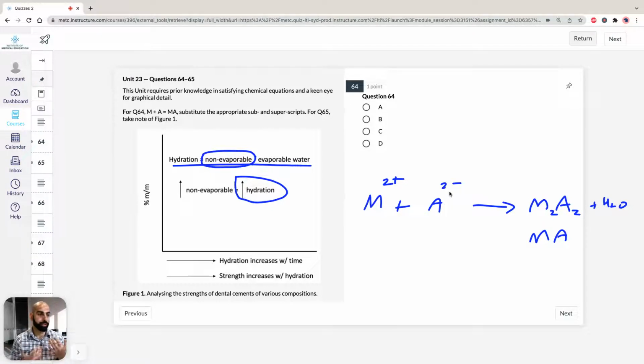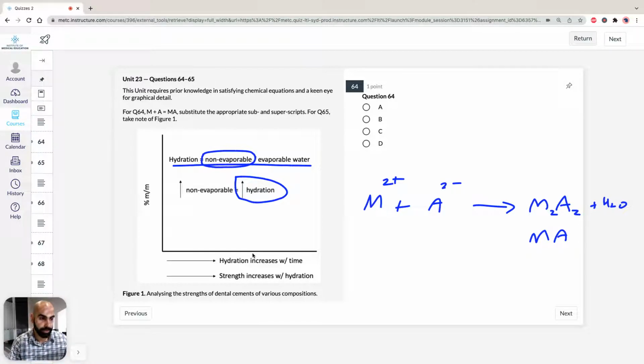You can see that the non-evaporable is the clear pattern. So the higher that is, the greater the hydration, if you compare it to evaporable water, which is, say, the leopard spots. So keep that in mind. Also keep in mind, as time goes on, we see that the white bar graph is increasing, which means we're going to have a more hydrated cement.